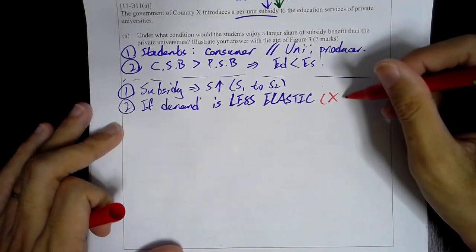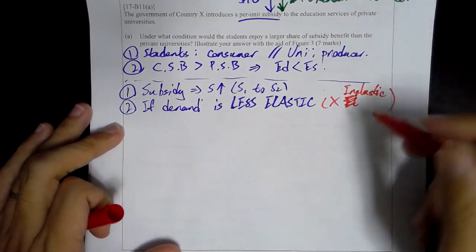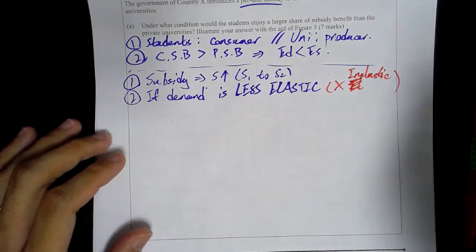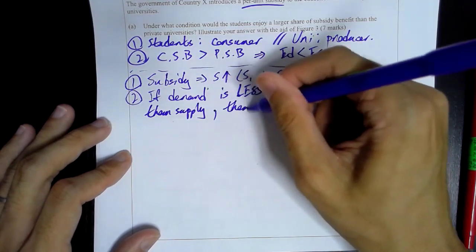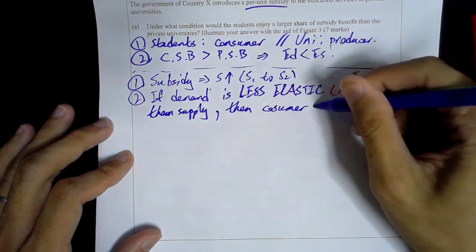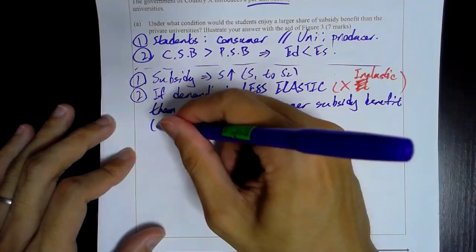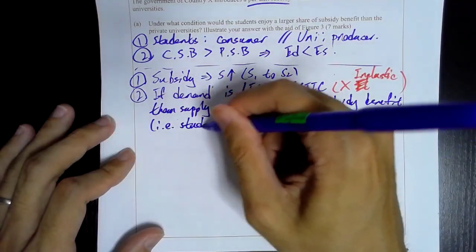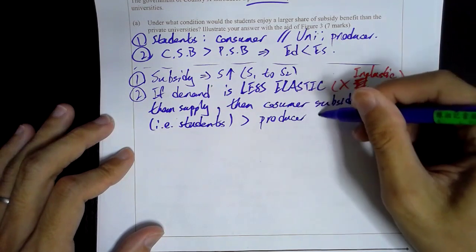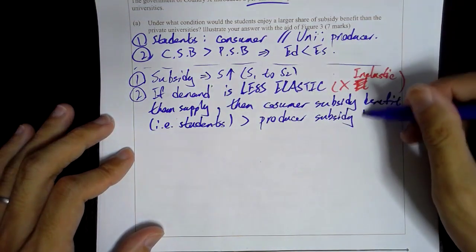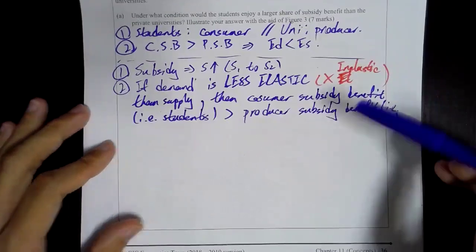What is wrong? Saying inelastic is wrong, it is not inelastic, it is less elastic. Then supply is more elastic, then consumer subsidy benefit, which in this case would be the students, will be larger than the producer subsidy benefit, which is the universities. So this is the condition.